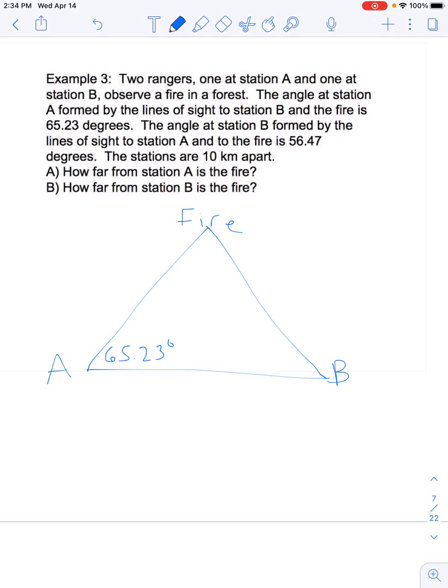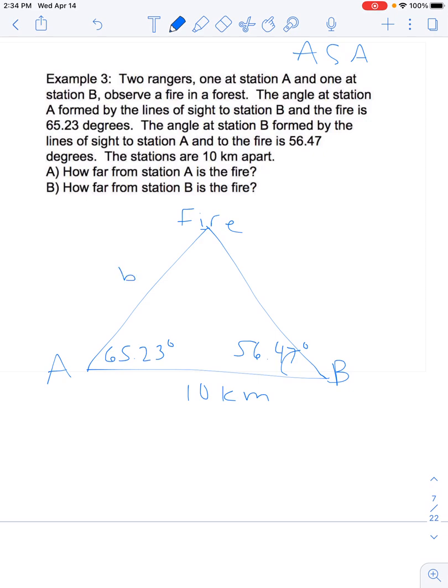The angle at station B formed by the lines of sight to station A and the fire is 56.47 degrees. The stations are 10 kilometers apart. So this is an example of angle-side-angle, and we are asked to find how far from station A is the fire. I'll call that little b.